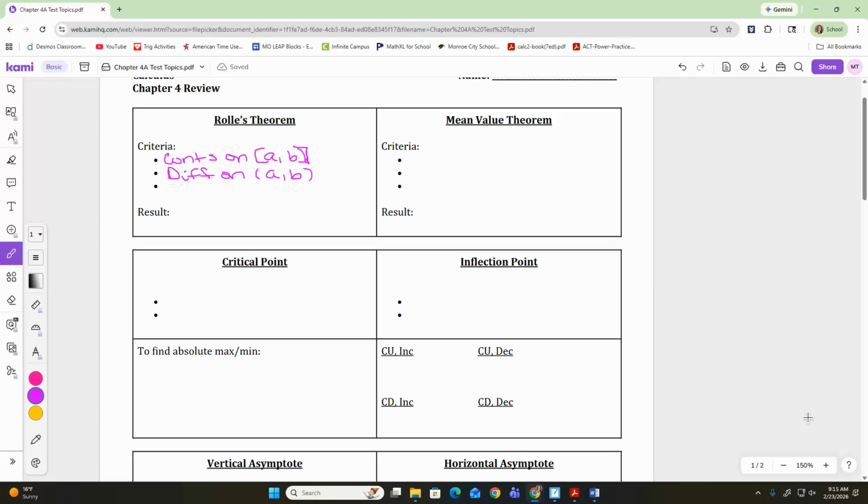And the third criteria? So f of a is equal to f of b. And then the result, if those three things happen, the derivative equals 0 for some x between a and b.